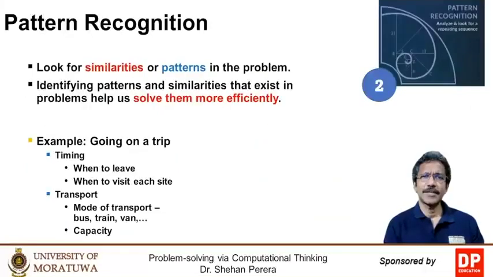In pattern recognition, we try to see if we can find similar patterns in problems so that we can reuse the solution for a similar problem that we solved earlier. By using a solution that we have used earlier for a similar problem, we can solve the problem much faster and more efficiently.